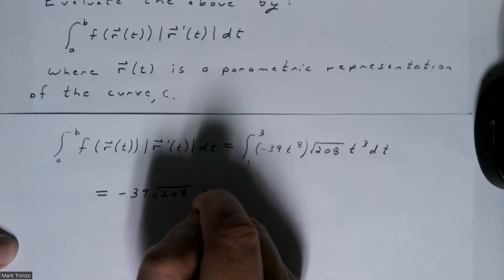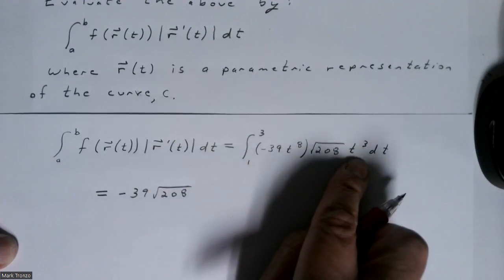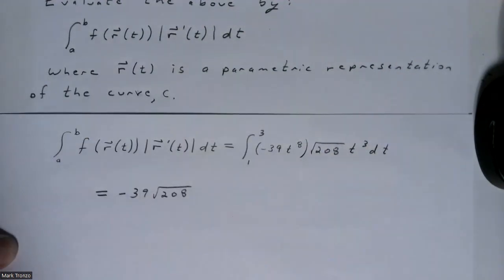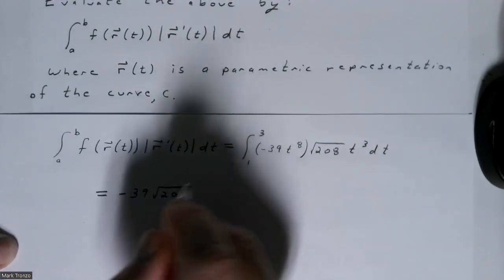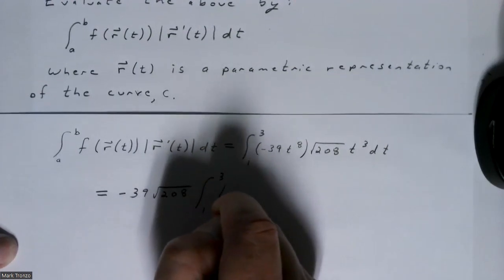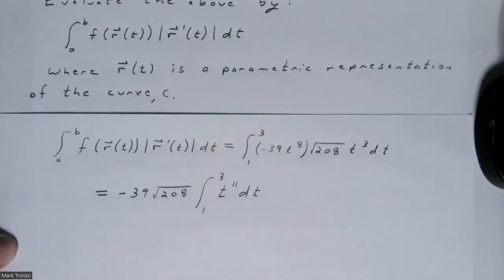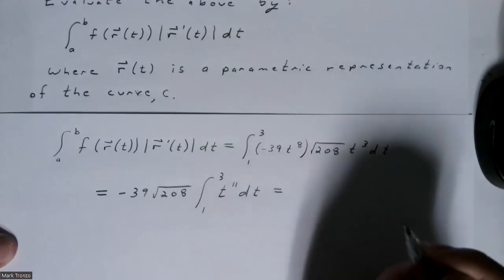And then we'll put these together, t to the 8th times t cubed is going to be t to the 11th. Like this. Then we'll go ahead and integrate.